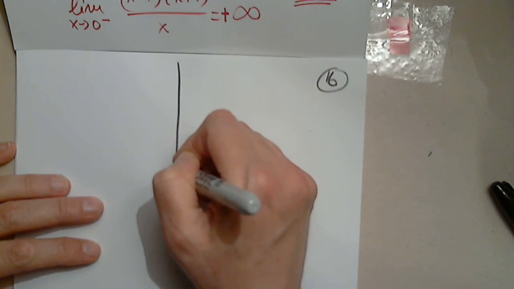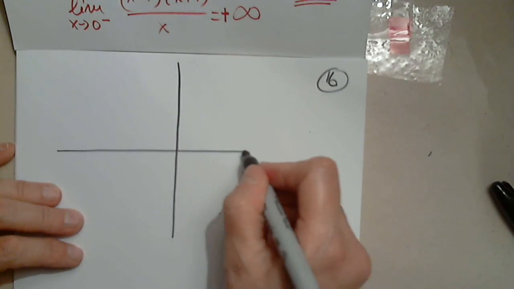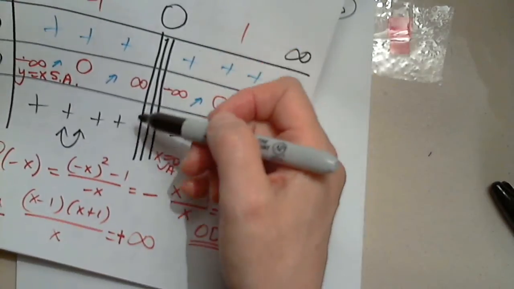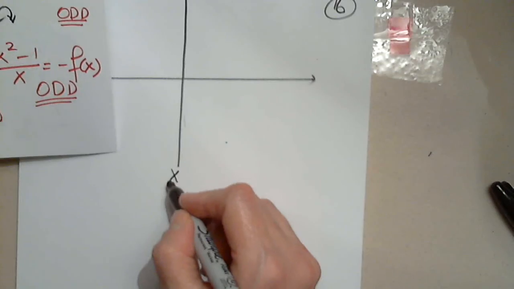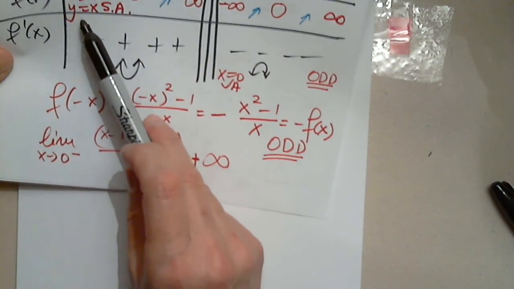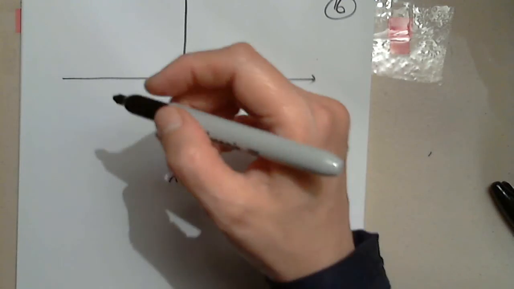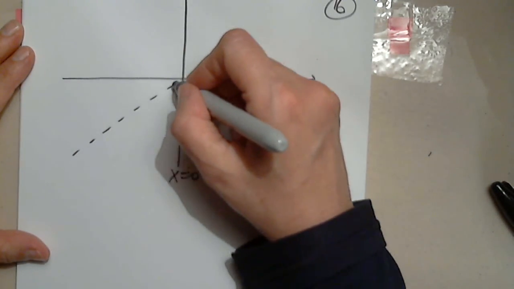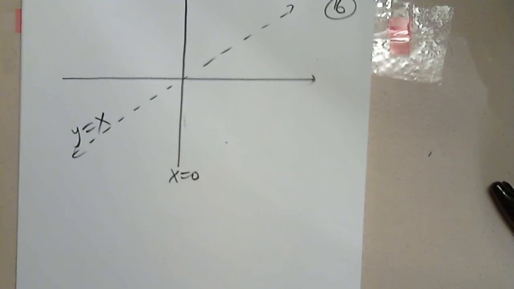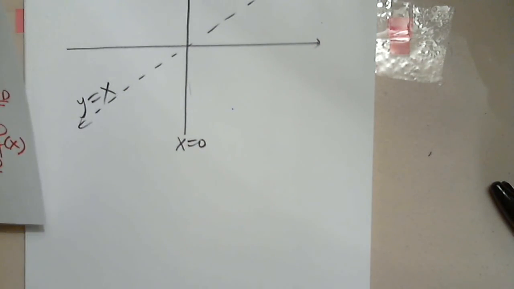When I graph a function with asymptotes, I have to graph the asymptotes first. Vertical, slant. I know how to graph this. Okay.